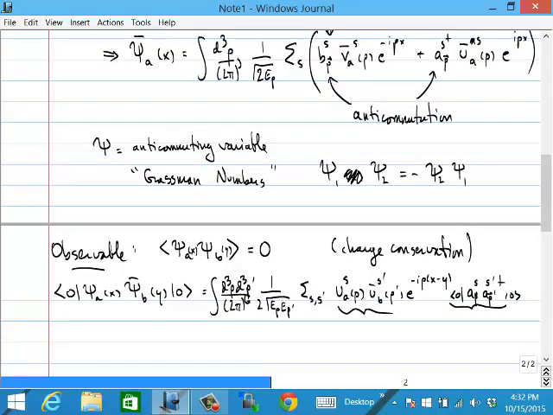Well, remember that these A's obey anti-commutation relations, and in particular they anti-commute unless S is equal to S prime and P is equal to P prime, and they were defined with that normalization factor of 2 pi cubed there.